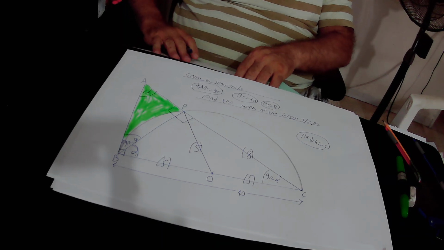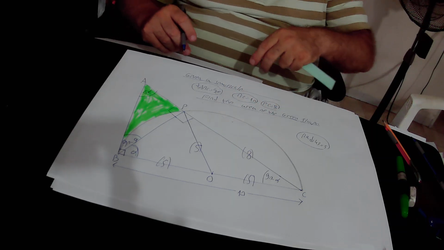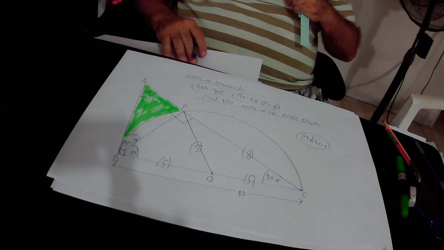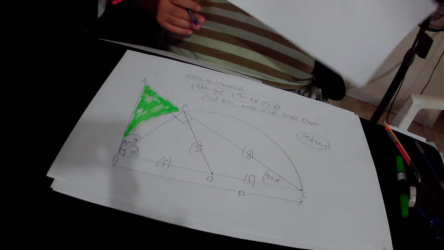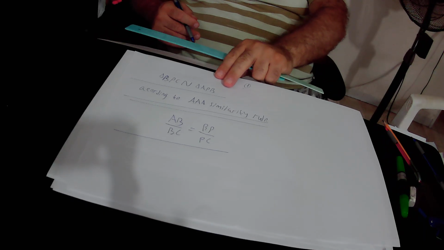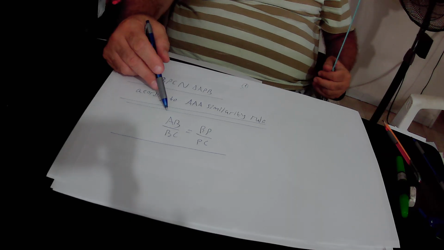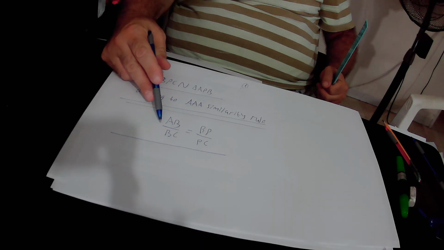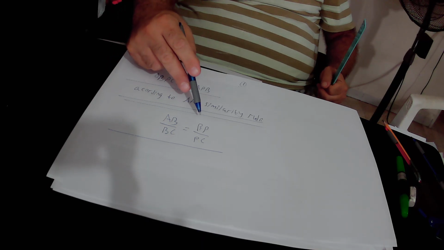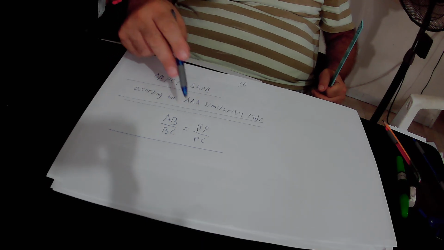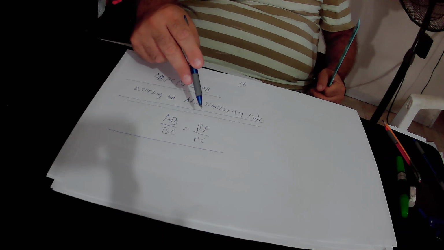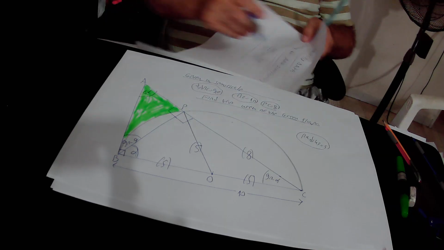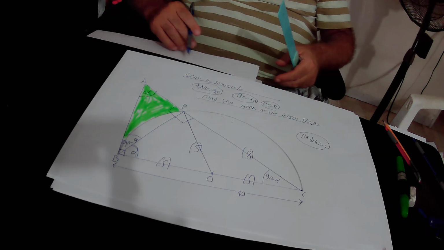Again, from the fact that those two right triangles are similar to each other, we derive that the following relationship exists between their sides. We derive that side AB of the small right triangle ABP over side BC of the big right triangle BPC is equal to side BP of the small right triangle APB over side PC of the big right triangle BPC. AB is the missing side, so we leave it as it is.